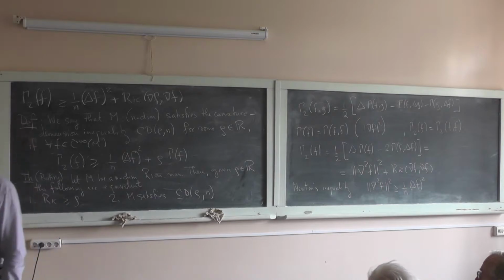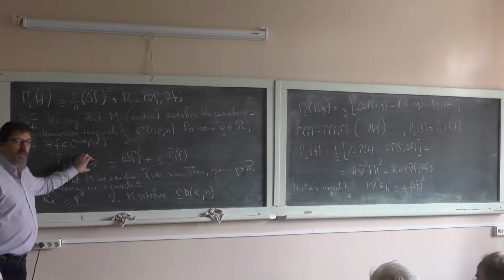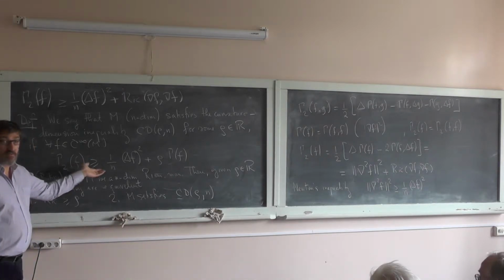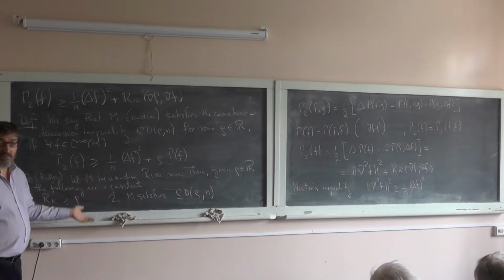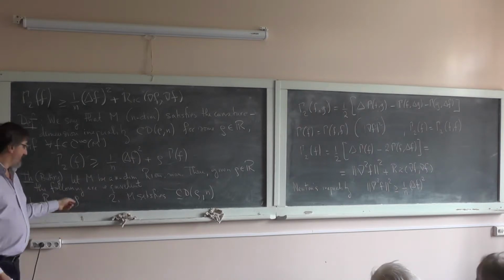So this is a remarkable fact. This curvature dimension inequality, which is an inequality on functions, is in fact equivalent to a lower bound for the Ricci tensor.